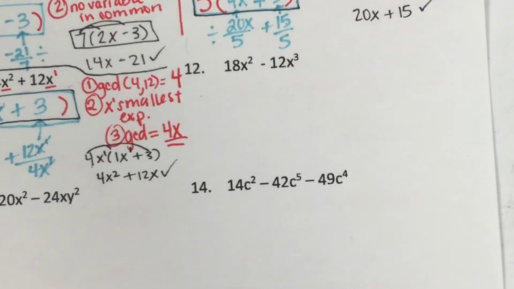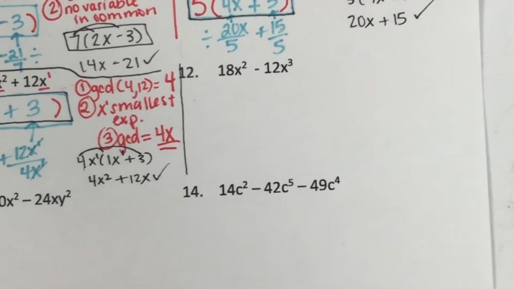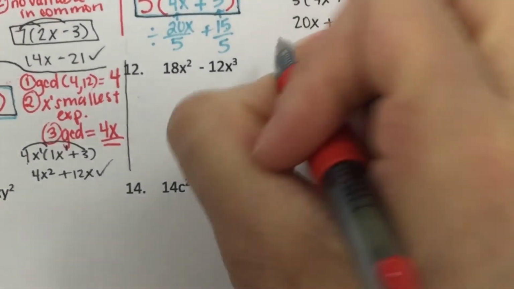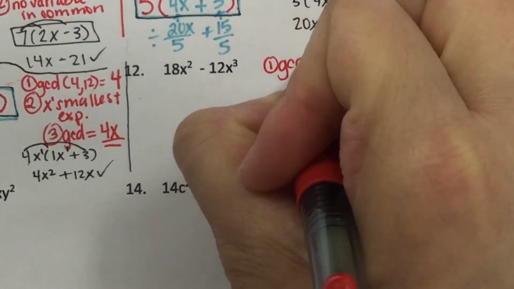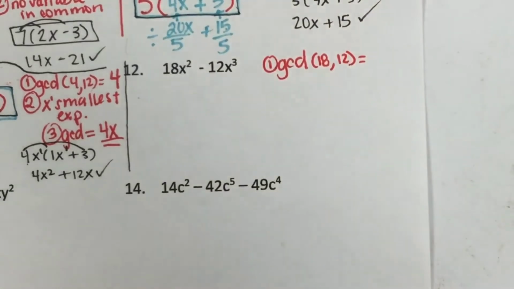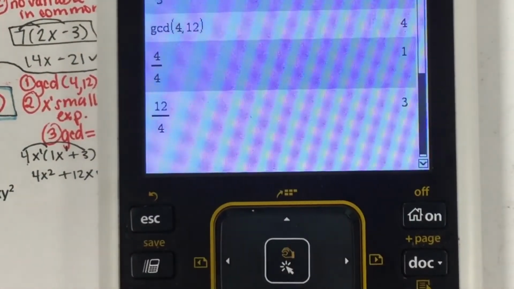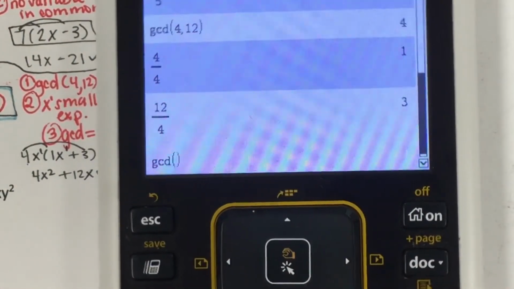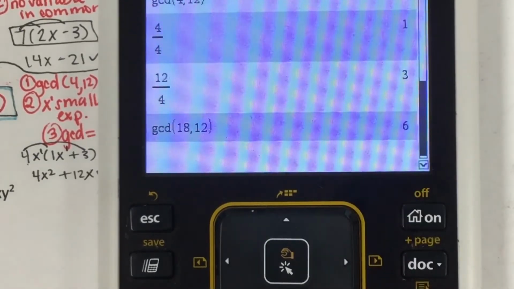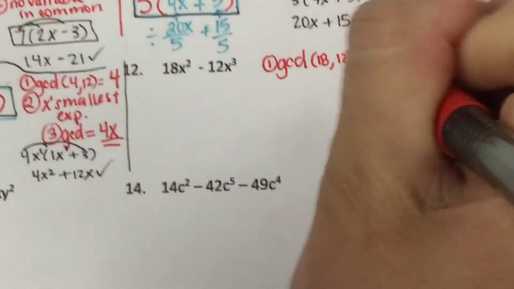Number 12. You're going to find the GCD of 18 and 12. So first thing you do, find the GCD of your numbers, 18, 12. 6 is the greatest common divisor between them.